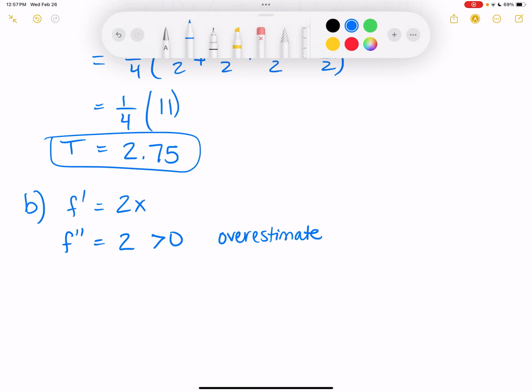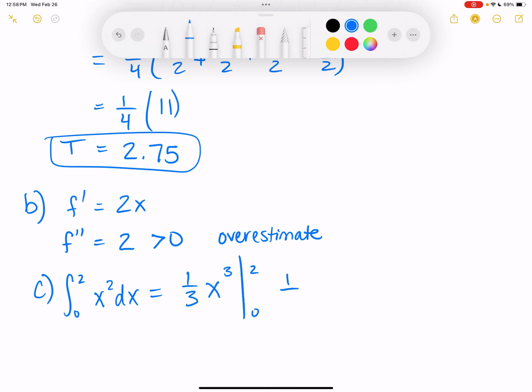And then they want us to find the integral's exact value. They don't say with NINT. So 0 to 2 of x squared dx. What's the antiderivative of that? 1/3 x cubed. And then it's evaluated from 0 to 2.